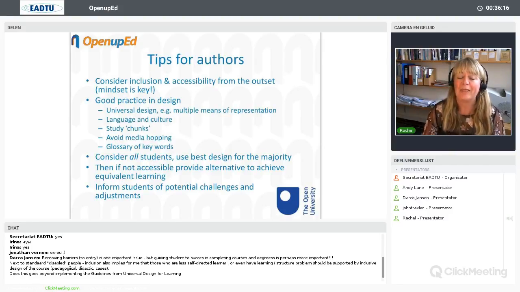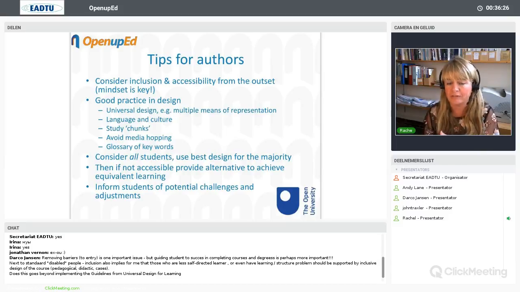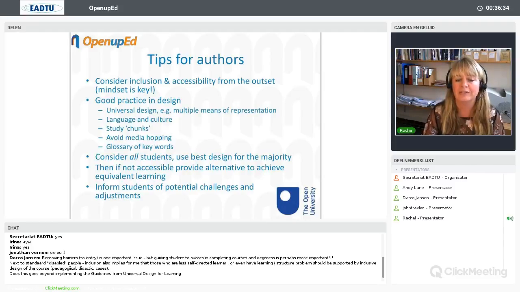I think in the past, the OU definitely had an approach of designing and producing materials and then thinking about how they retrofit an adjustment to it afterwards. And that's not as effective. It's much more expensive. Much better if we can think about designing these courses to be accessible from the off.